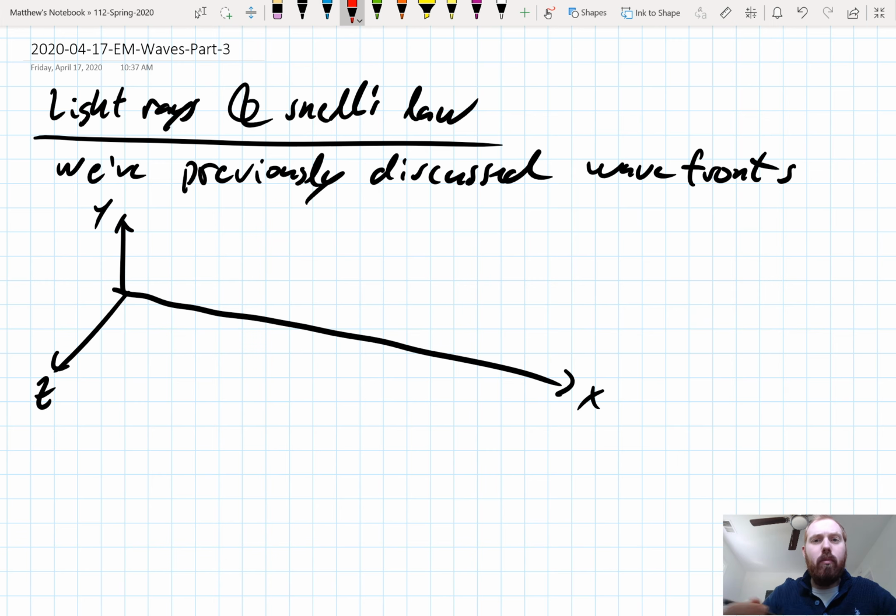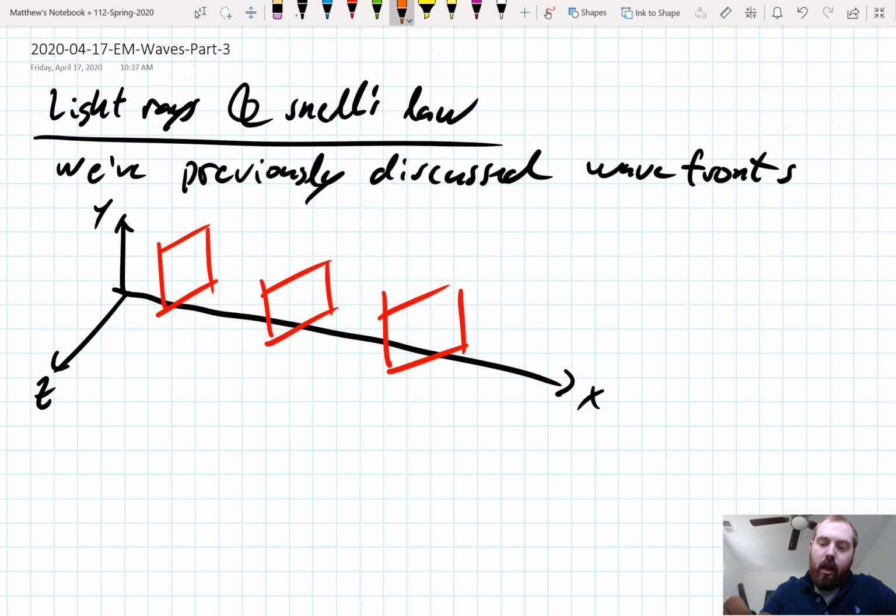And we said, well, don't worry about the full picture of the oscillation. Just look for the peak oscillations. And so we've got ourselves just these plane waves propagating this direction at the speed of light.